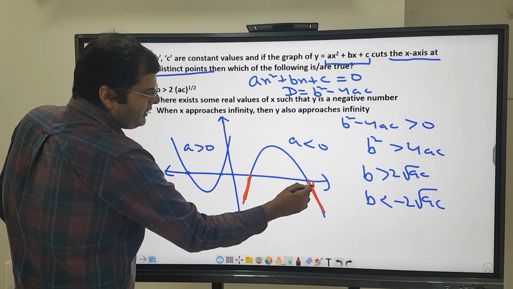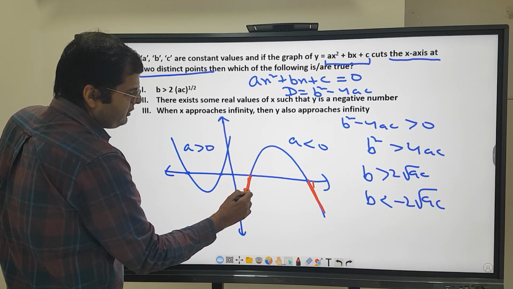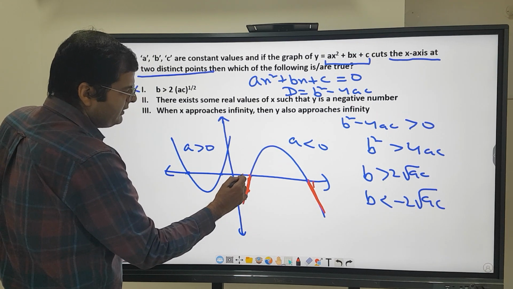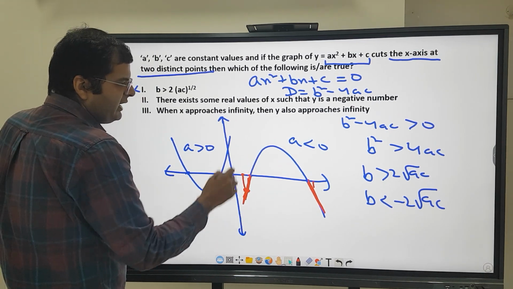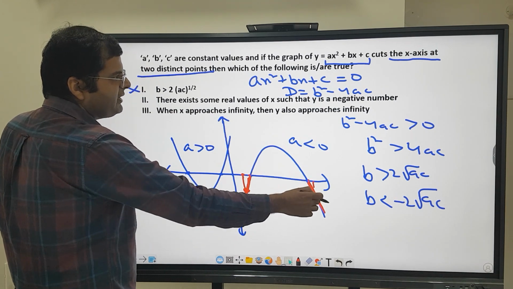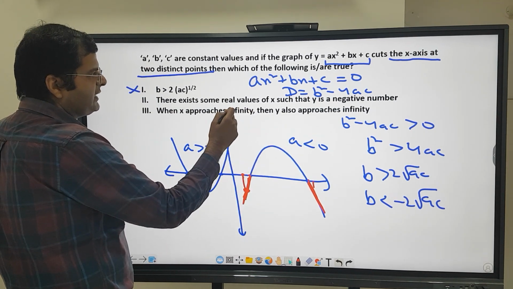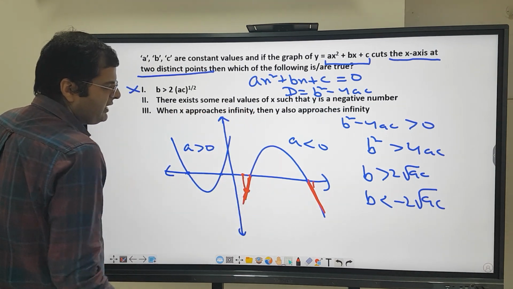So there will be a corresponding value of x. Let's say I pick this point over here. It will have some corresponding value of x for which y is negative. So when the graph is like this, there will definitely be some values of y which are negative, satisfying this graph, wherein there will be some real values of x for which the graph is negative.